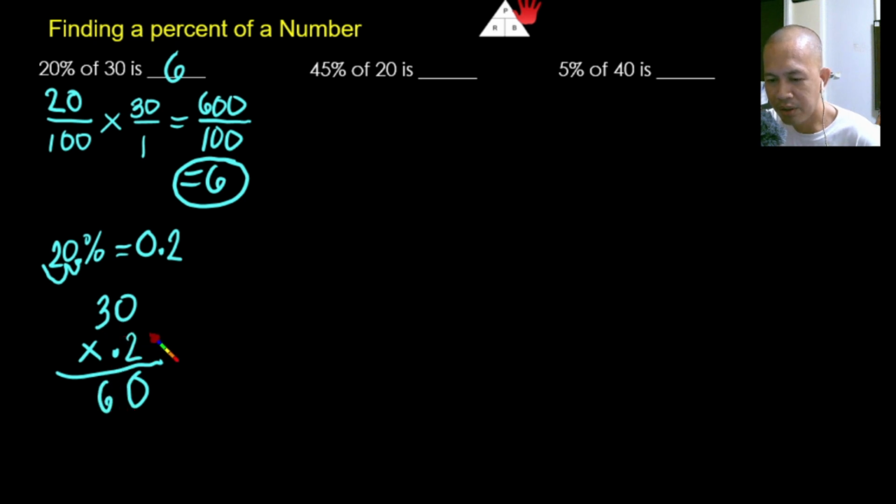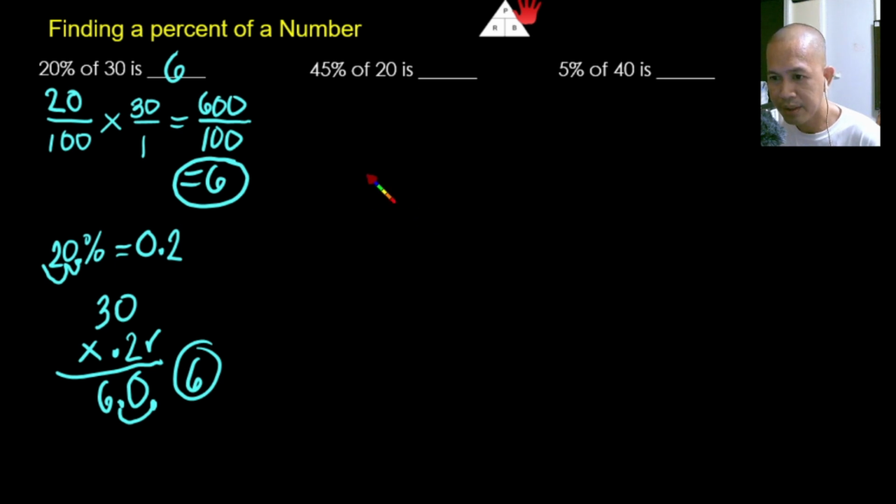And then we are going to count the number of decimals in our factor, which gives us 1. We're going to move 1 place going to the left, so the answer also is 6. So that is the two ways in finding the percentage of a number. So we have two ways.